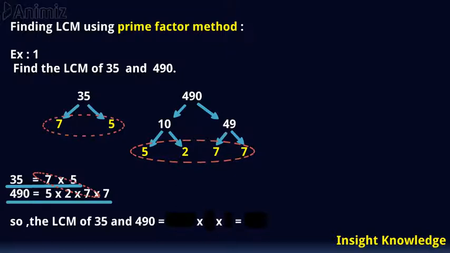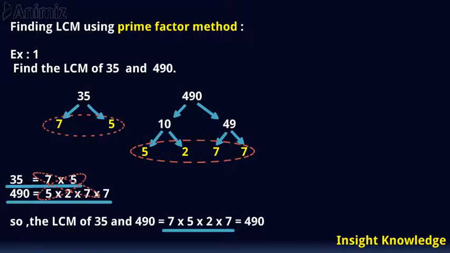And then the second number 5 is also present in 490, so write the 5 only once. So what we get? 7 into 5. Now what are the remaining factors in 490? 2 into 7. Write it down. By multiplying these numbers, we get 490 as the LCM of 35 and 490.